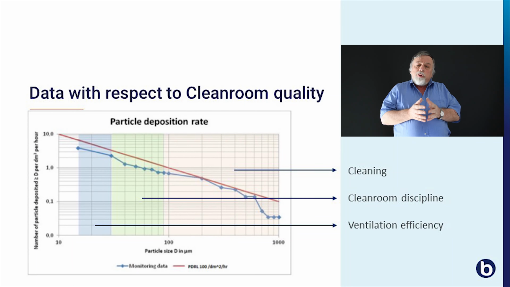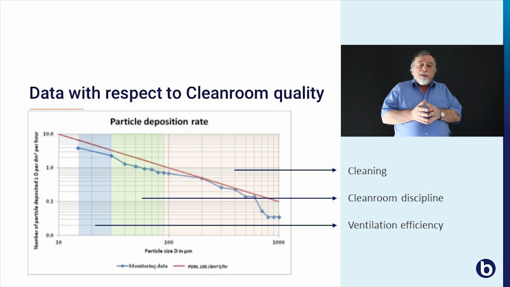In the previous slide I showed you a bar diagram which in blue gave the differential distribution of the number of particles versus particle size. The differential distribution can be recalculated into a cumulative distribution, which is shown in this graph. This is the cumulative distribution of the deposited particles per area per time. The tangent of this graph shows you the particle deposition rate level.